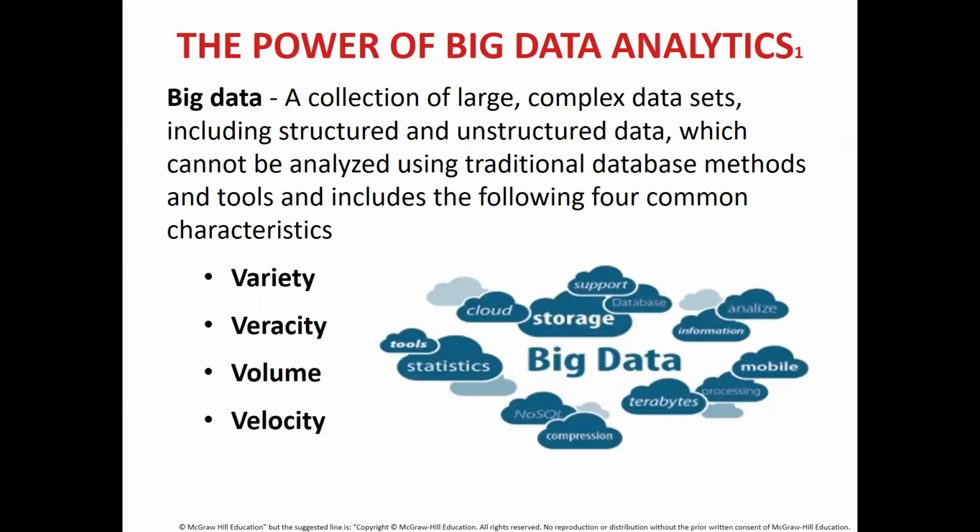Now, big data. Big data is a collection of large, complex data sets, including structured and unstructured data, which cannot be analyzed using traditional database methods and tools, and includes the following four common characteristics. First of all, before we look at the characteristics, let's look at what big data is.